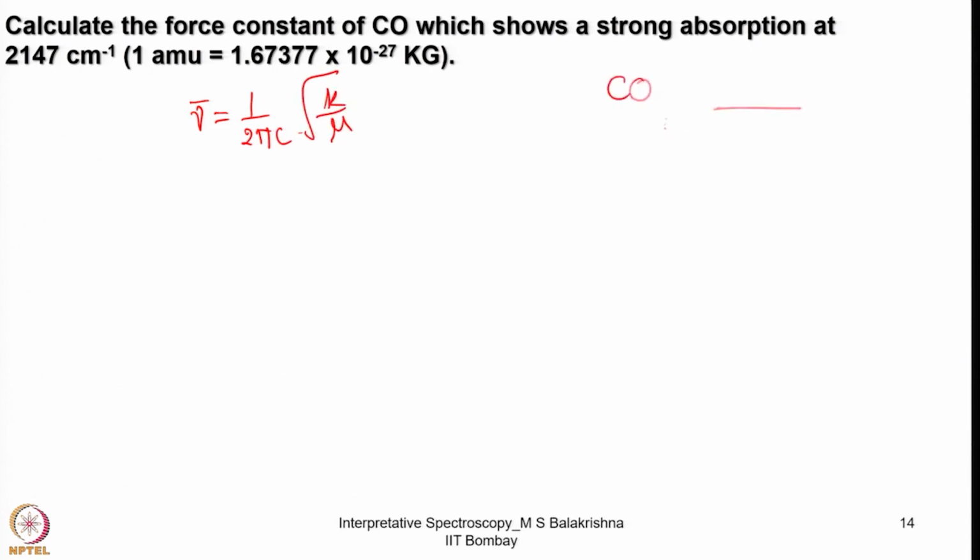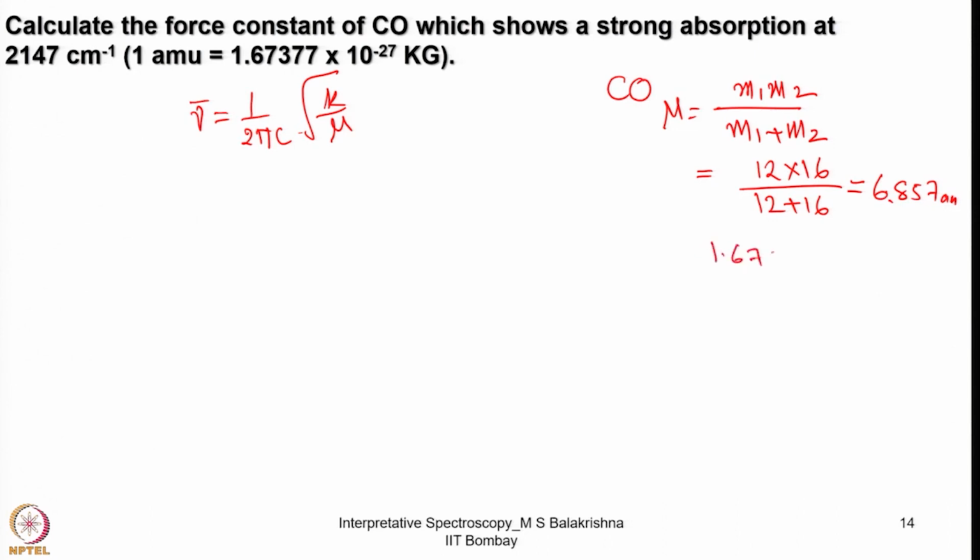So for CO, mu equals m1 m2 over m1 plus m2, and whatever value comes, 6.857 atomic mass units, should be multiplied by 1.67277 into 10 raised to minus 27.